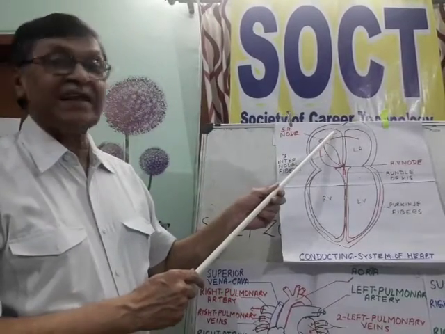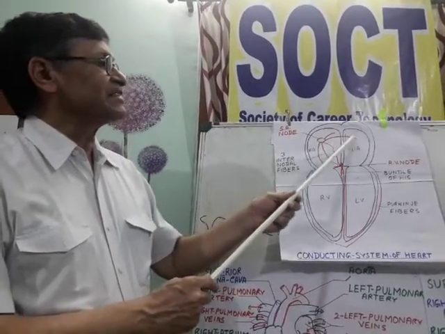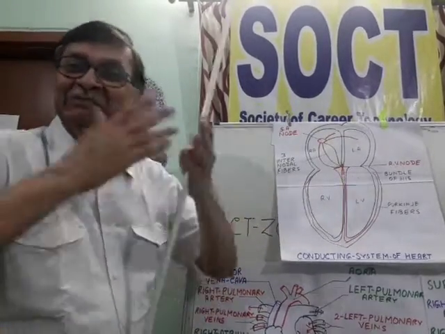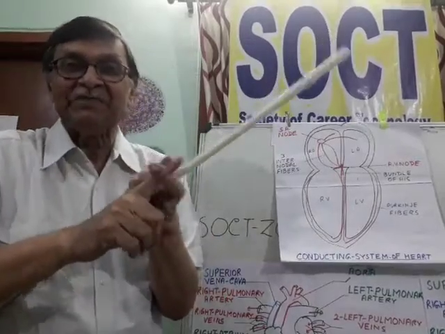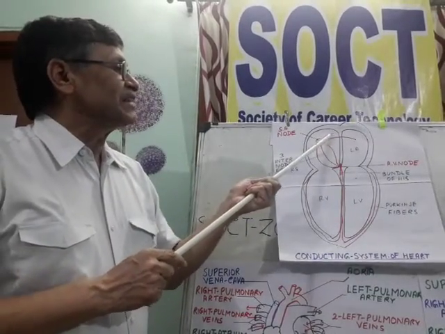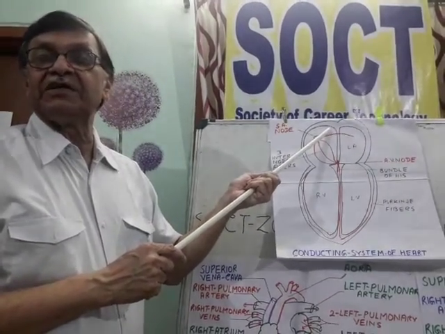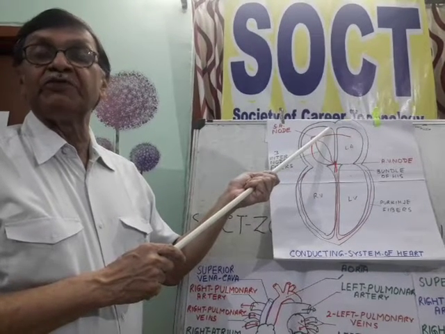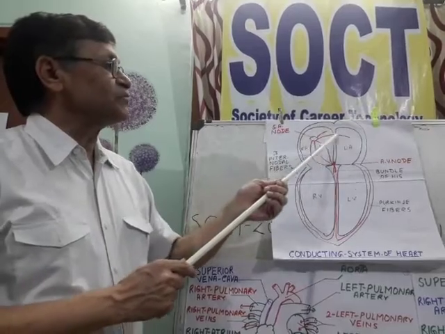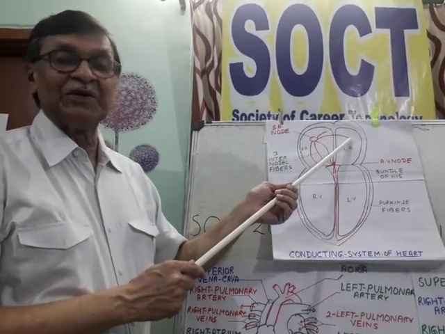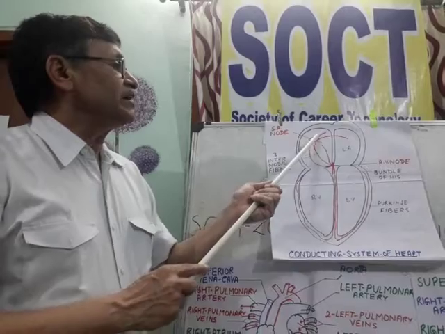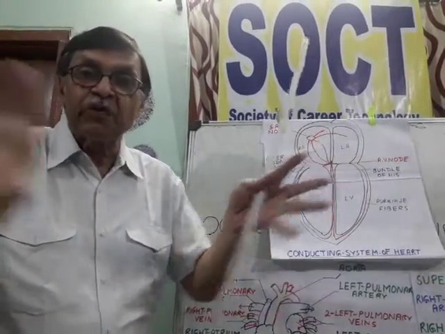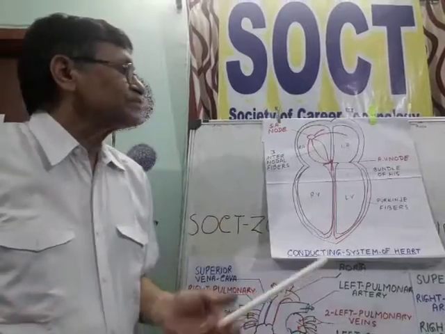Here the distance is less and here the distance is more, but in both atria the message reaches at the same time, because here the speed is 0.1 meter per second, but here the speed is 0.3 meter per second. So the message reaches both atria at the same time and both atria contract.